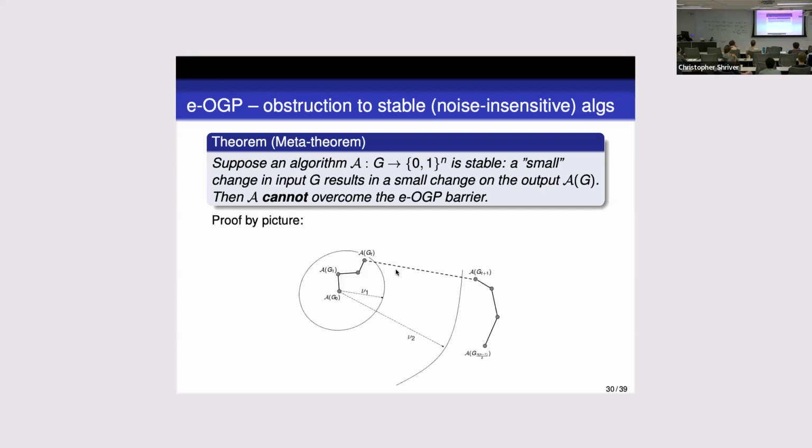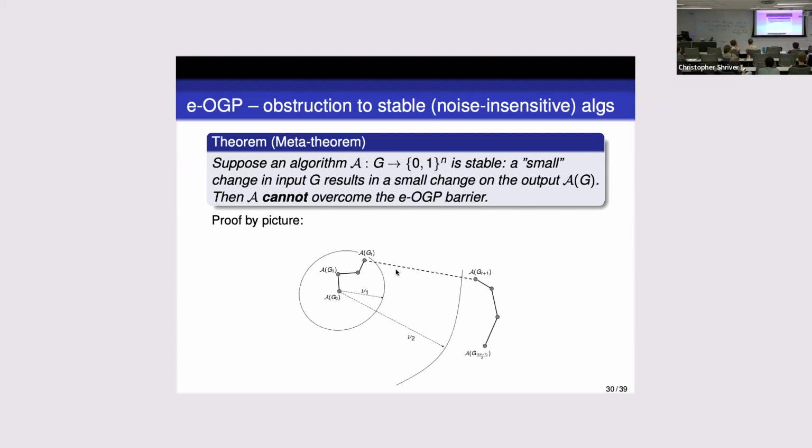A very simple idea reveals that this picture cannot coexist with stable algorithms. If the algorithm is stable, it is hopeless against producing independent sets of this size for this interpolated sequence. And the reason is very simple.